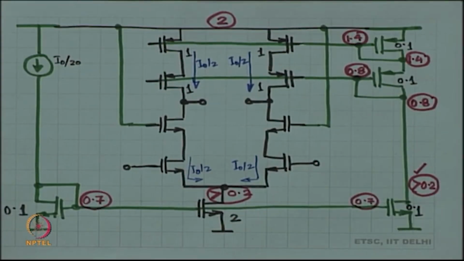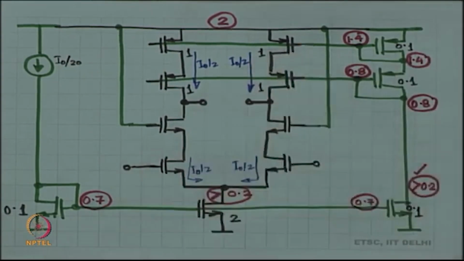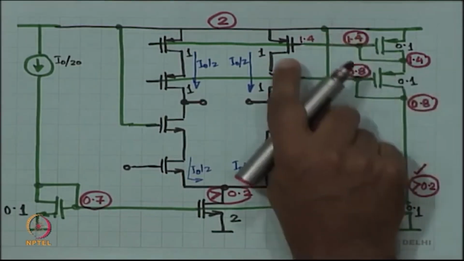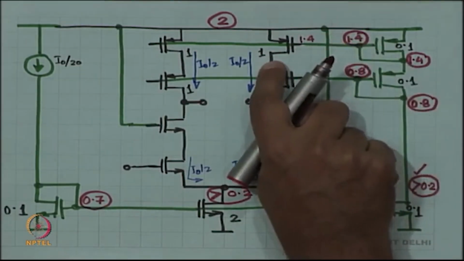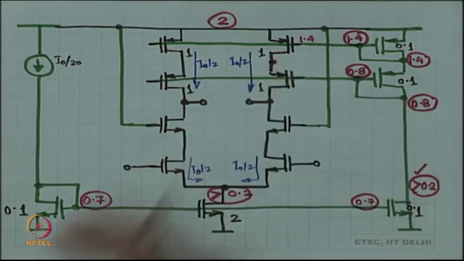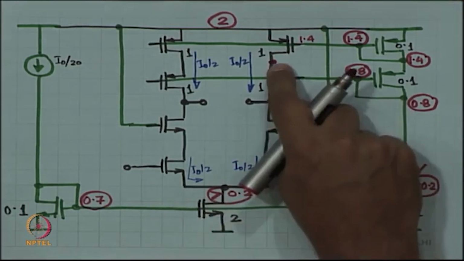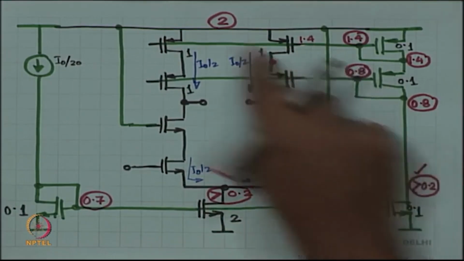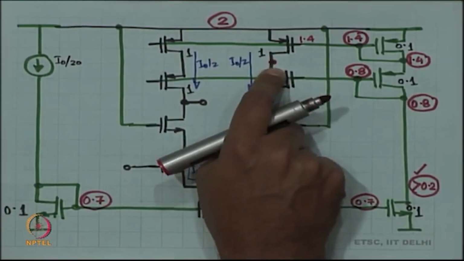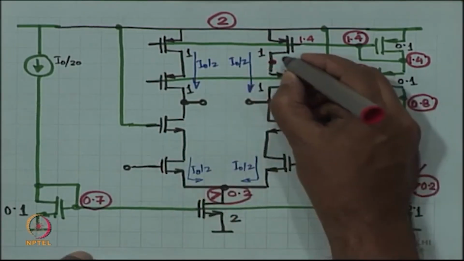Great. Next, let us look up over here. This is at 1.4. What is the maximum voltage at this node? What is the maximum allowed? The maximum allowed is 1.8, because I have 0.2 volts of VSG minus VT.